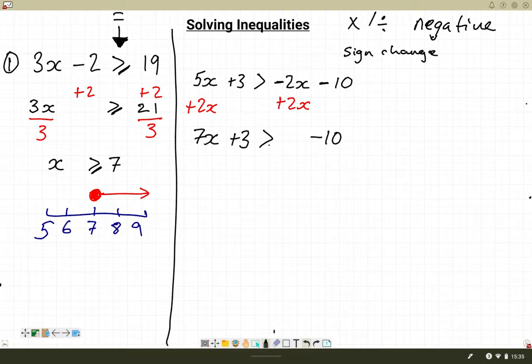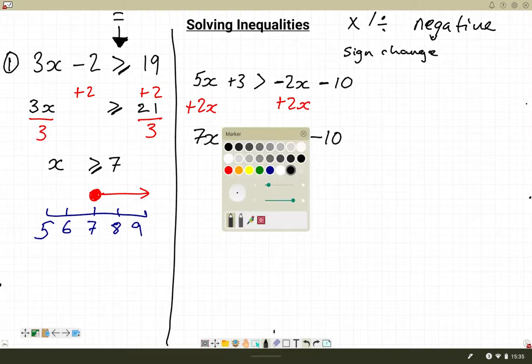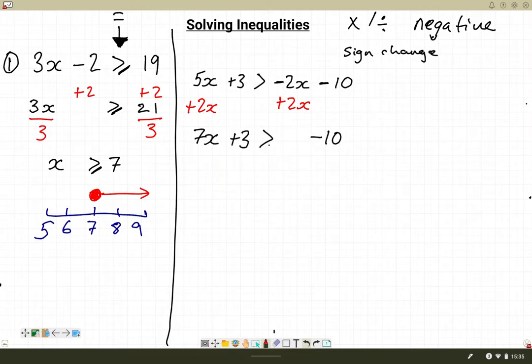Now minus 3 on both sides. That gives me 7x is greater than, so minus 10 minus 3. I'm going left on the number line, so minus 13.